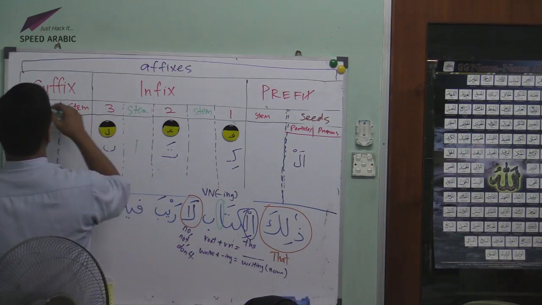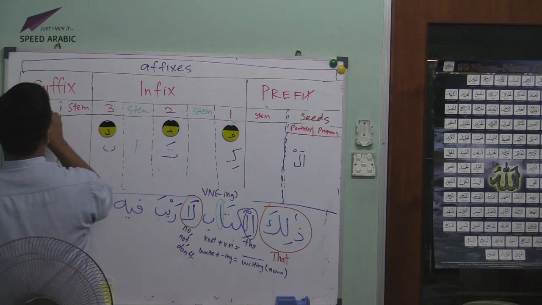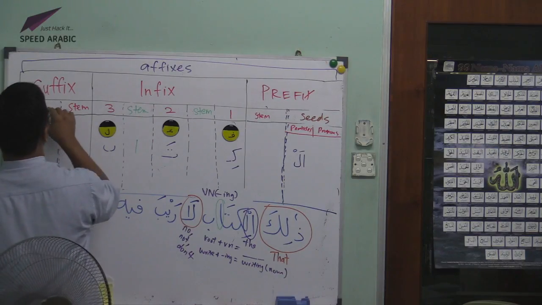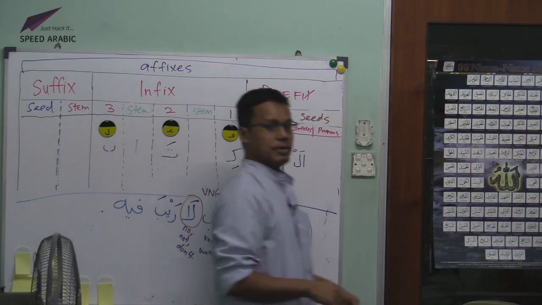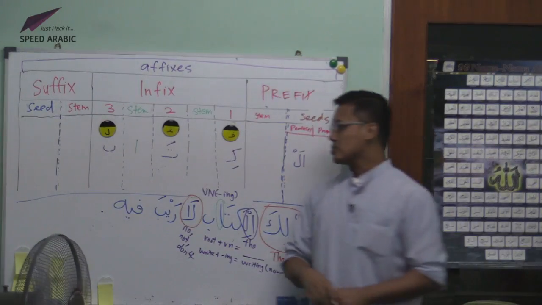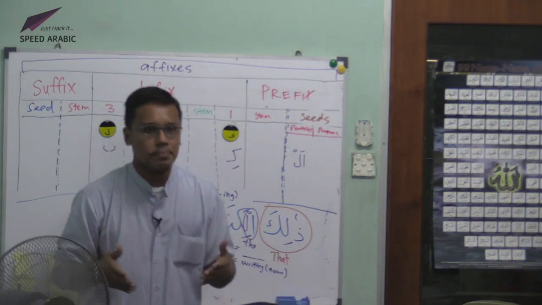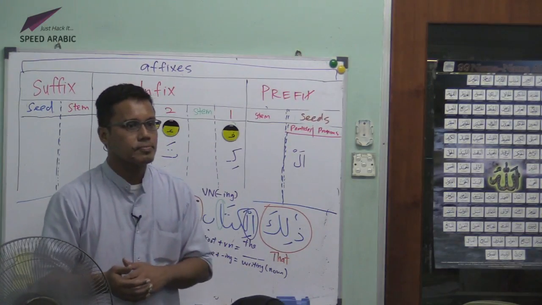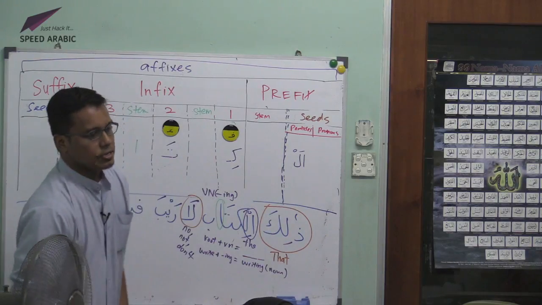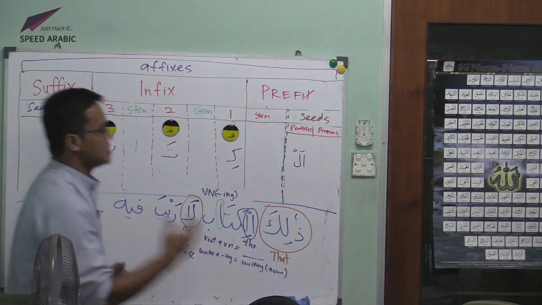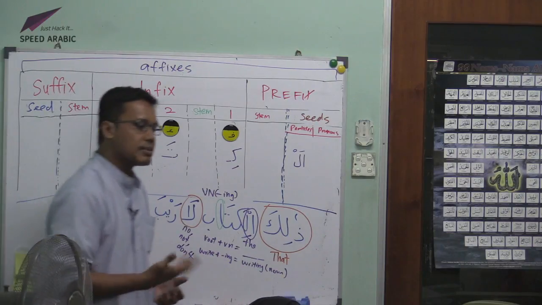If you are done, we will go to the next one. What is the next word? Raiba. So Raiba, what's the first step? Go to the seeds, the 6 columns or the 7 columns.